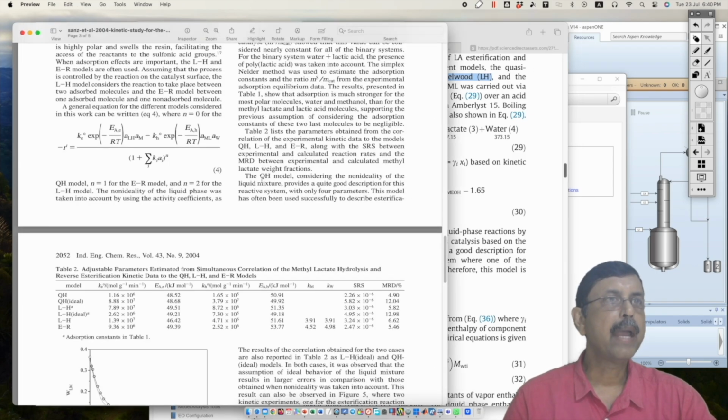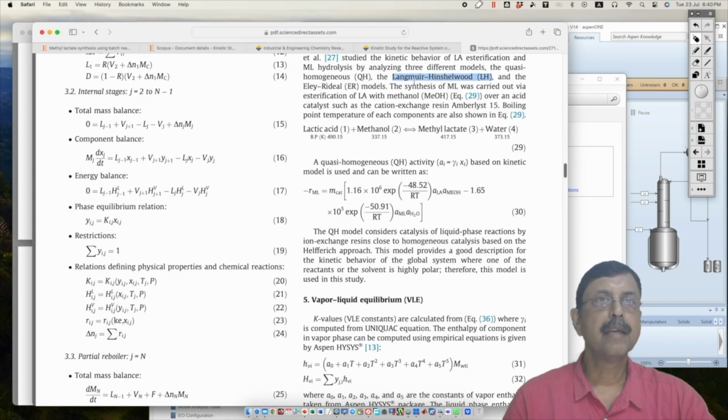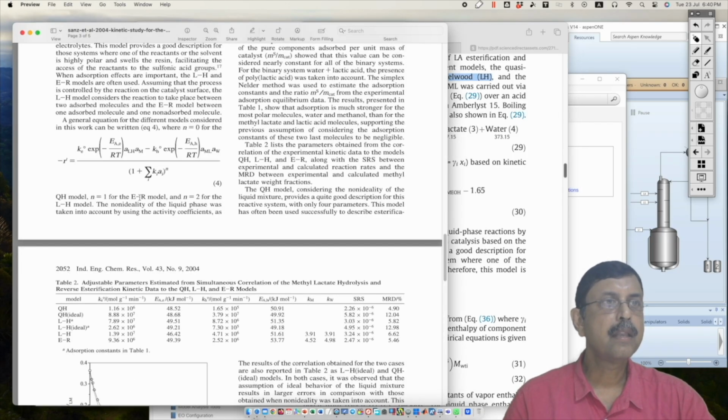Okay, and we have the general equation for all these models, that is QH model, ER model, and LH model. A common form of all of them is over here, where for the LH-HW model, that is the Langmuir-Hinshelwood model, we have n is equal to 2. So here n is equal to 2 for that.